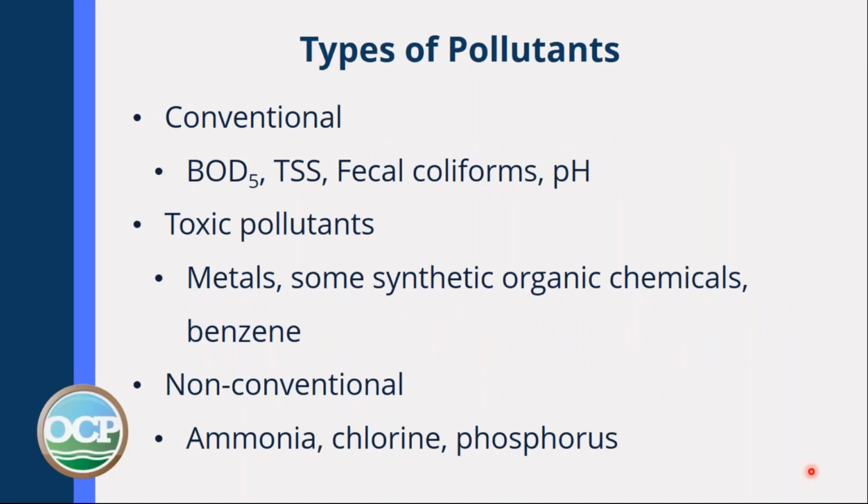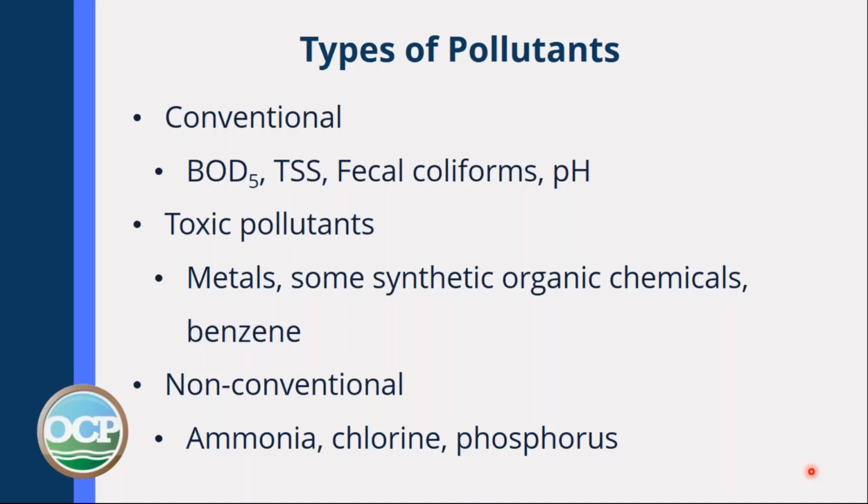So there are three different ways in which we can classify pollutants. Ones that we call conventional, these are the ones that we test for. These are the ones that you will have limits for, for example, BOD, which is the organic matter in the water. Total suspended solids, this is the turbidity in the water. Fecal coliforms, these are the organisms that could make you sick, and pH.